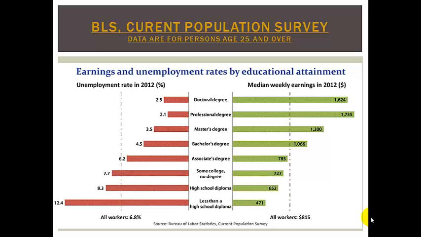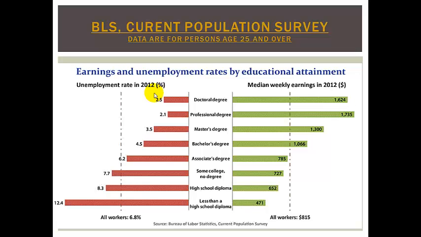If we look at the Current Population Survey conducted by the Bureau of Labor Statistics, we can clearly see how earnings differ for people with different degrees. There's no doubt that those that have a higher degree are going to make more money. An interesting thing is also to see that the more education you have, the less you have to worry about unemployment. Unemployment right now is about 7.6%, that's an average unemployment rate.